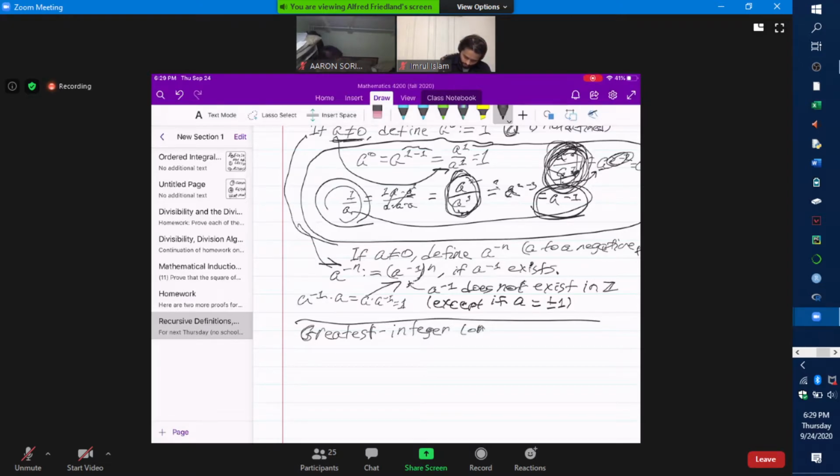And because it's written with brackets, it's sometimes called the bracket function. As I say, it's written in square brackets.